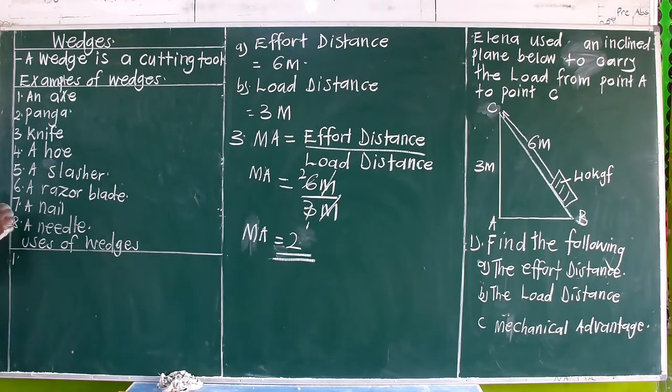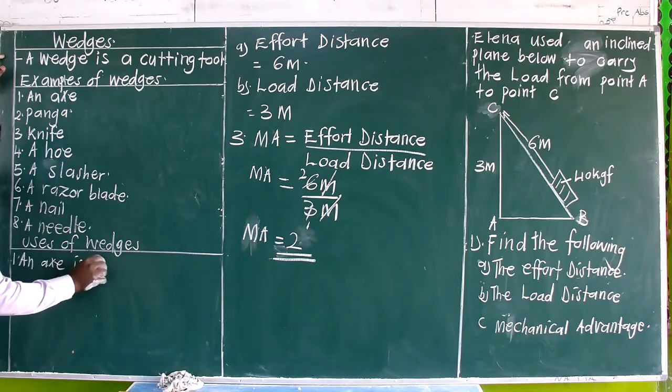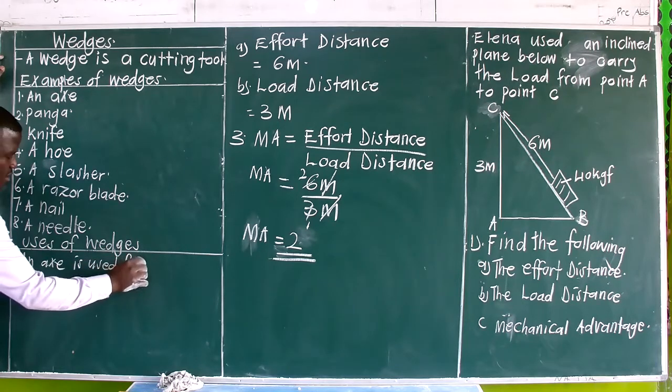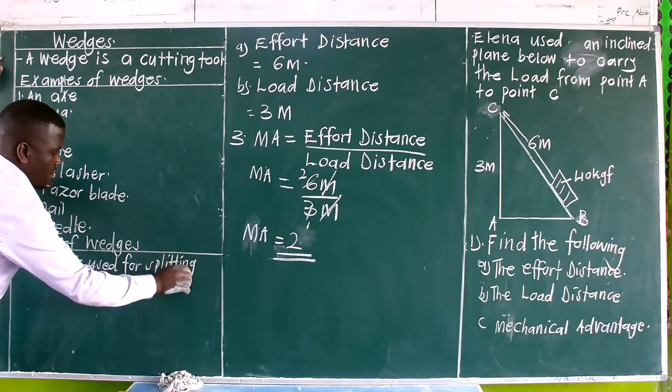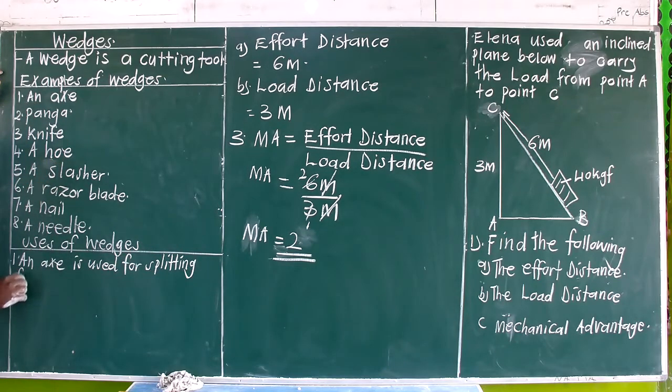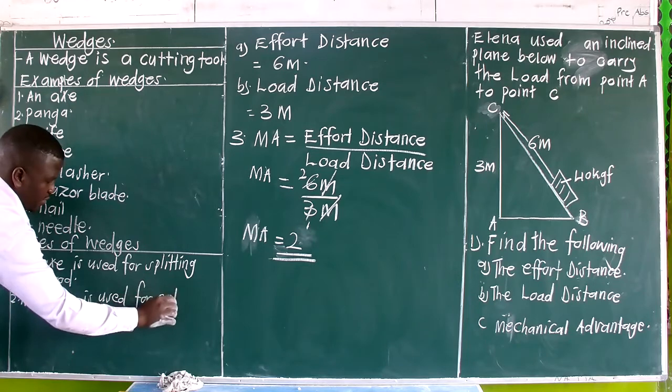You can say an axe is used for splitting firewood. A panga is used for cutting small trees.